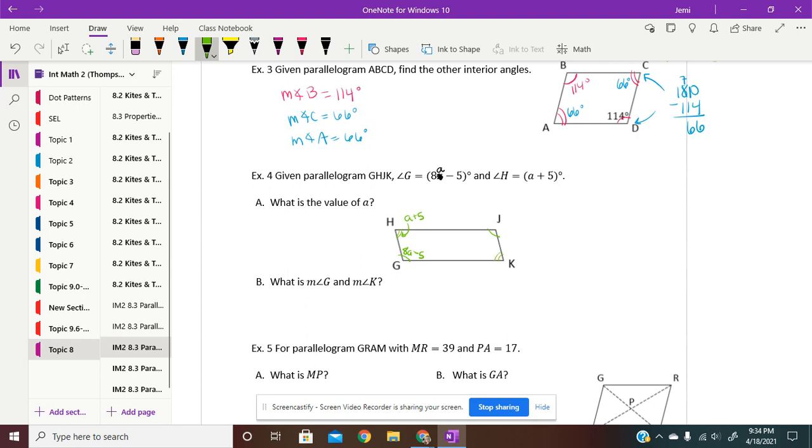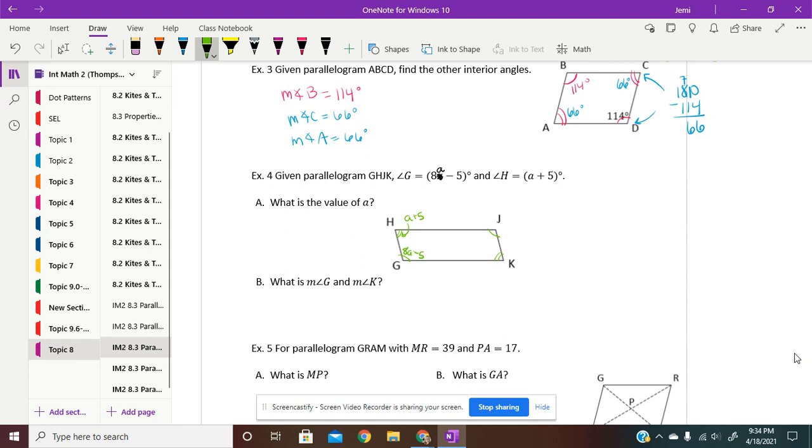So it might be tempting to take these 2 expressions, A plus 5 and 8A minus 5, and set them equal to each other, but they are not equal, right? H is not congruent to G. These are actually consecutive angles, and they add up to 180 degrees.